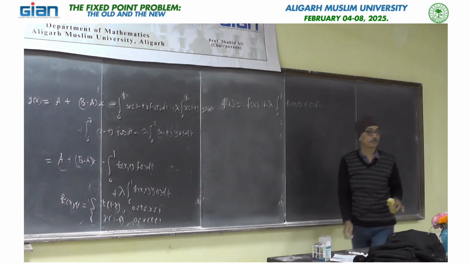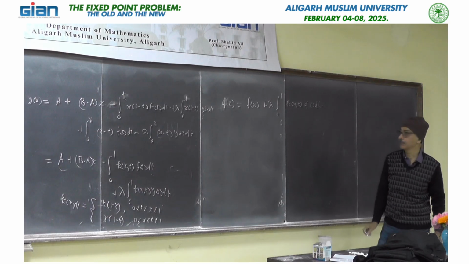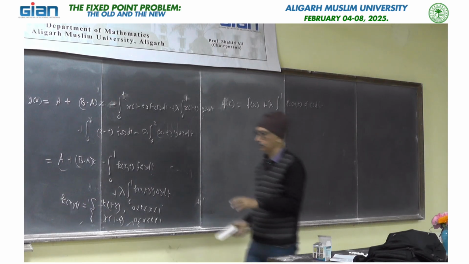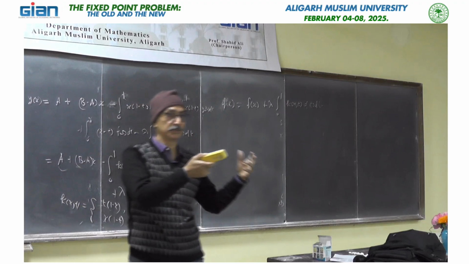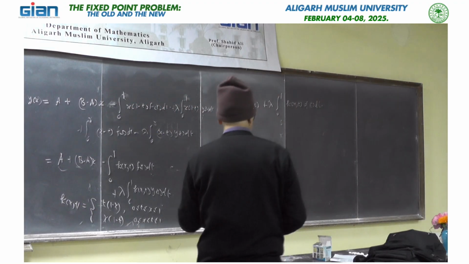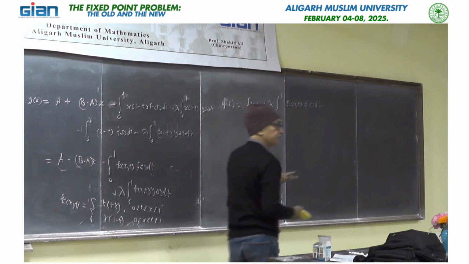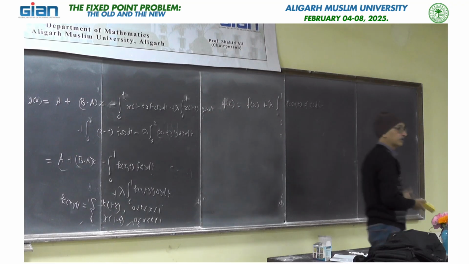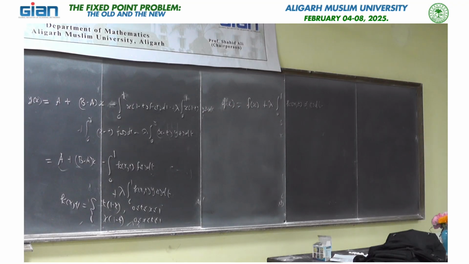Okay. So, this is a Fredholm integral equation. All right. So, whether we have an initial value problem or a boundary value problem, correspondingly we have respectively either a Volterra integral equation or a Fredholm integral equation.